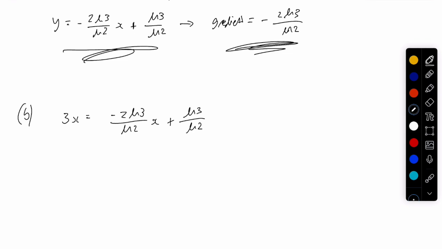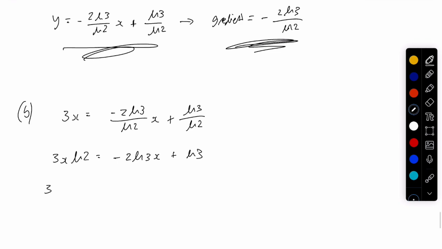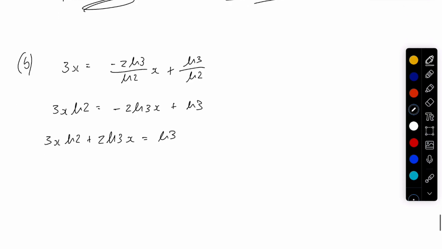Brilliant. So we can now say 3x ln 2 is equal to minus 2x ln 3 plus ln 3. Therefore 3x ln 2 plus 2x ln 3 is equal to ln 3. Now if we take the x out here, x times 3 ln 2 plus 2 ln 3 equals ln 3.